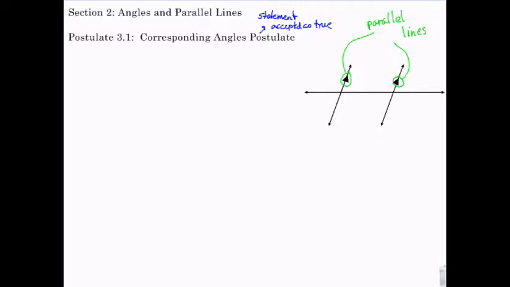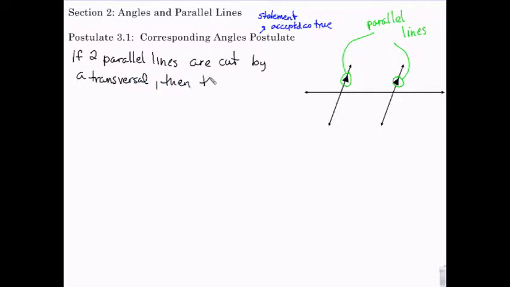And the postulate is that if two parallel lines are cut by a transversal, then the corresponding angles are congruent.